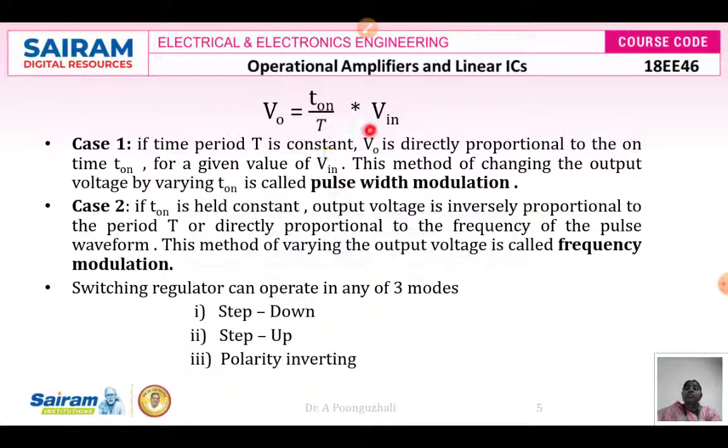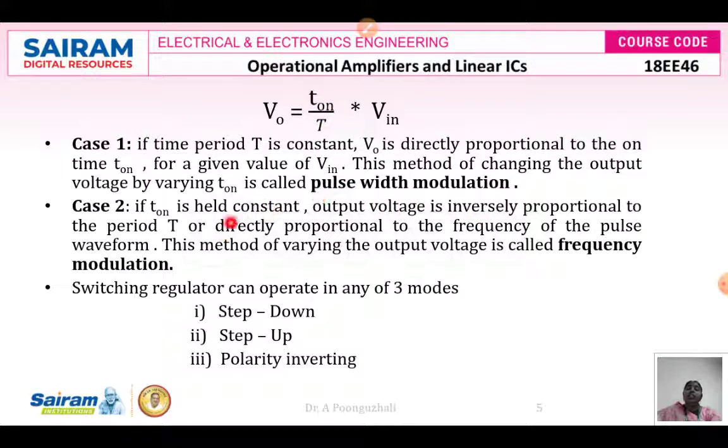First case: when Vin is constant, my output voltage is directly proportional to T on, that is, the width of the on time of the pulse. That type of modulation is called pulse width modulation.